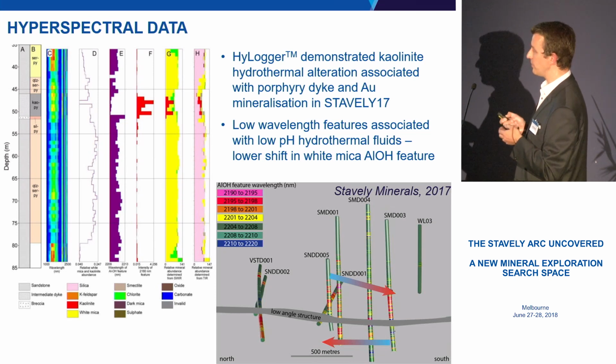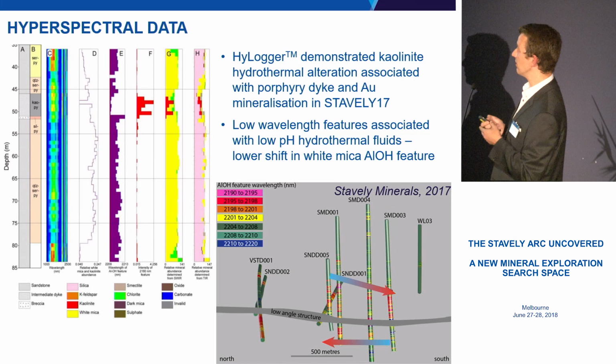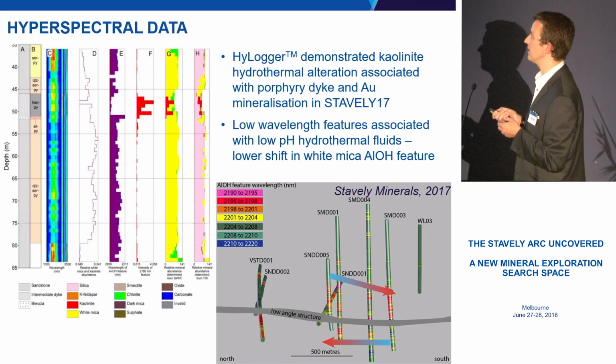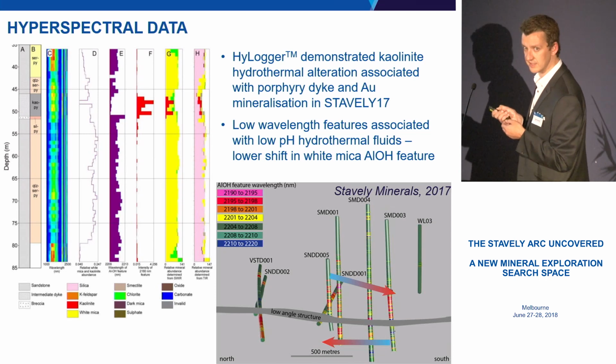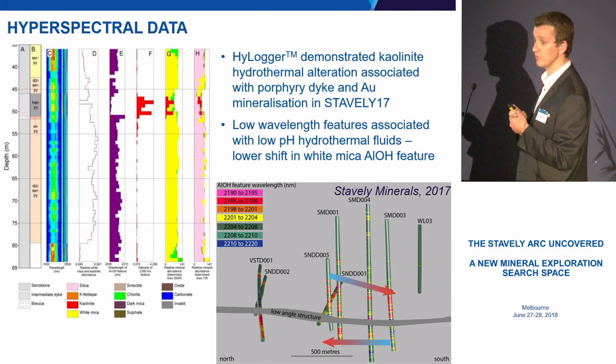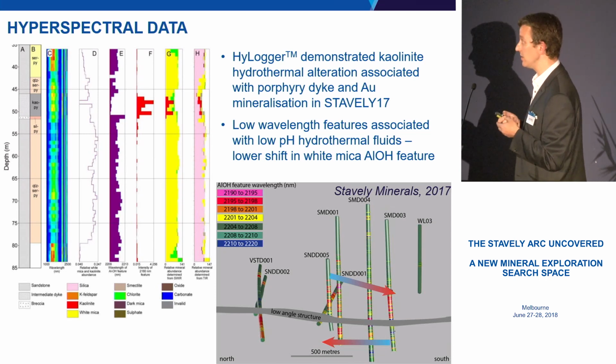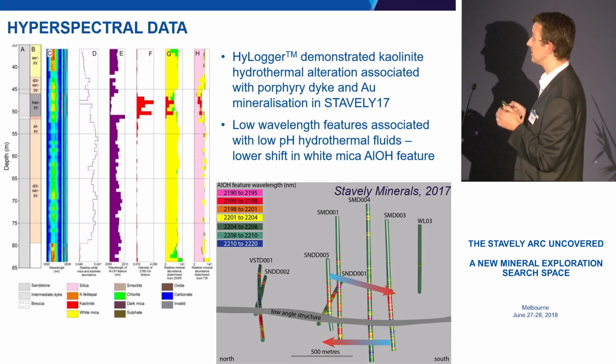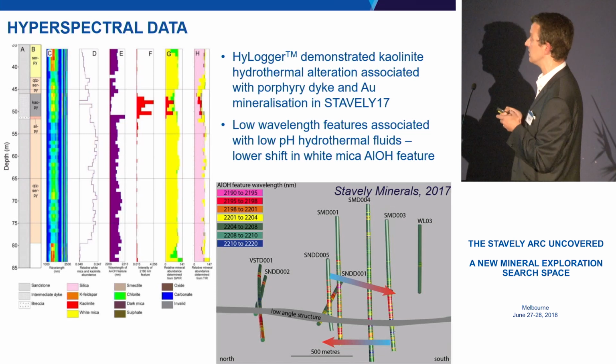So there's a lot of hyperspectral data that was collected as part of the program using the HyLogger. That demonstrated in this, this is a Stavely 17 hole, so you remember that's the hole from Fairview South, the epithermal precious metal occurrence just outside of the Stavely belt in the Glen Thompson sandstone.